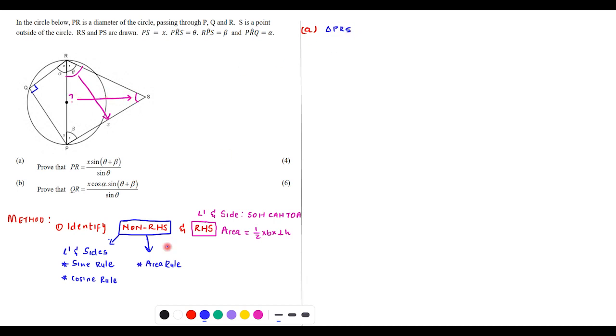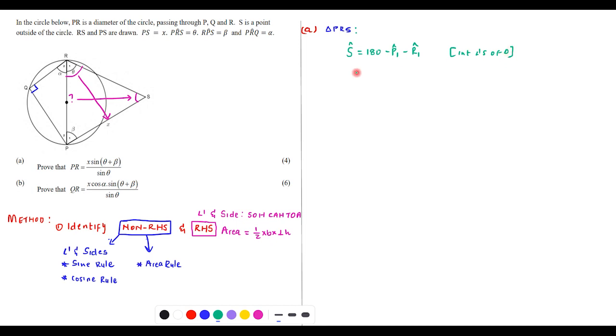So if I want to calculate PR, first I need to find angle S. I'll say angle S is going to be 180 minus angle P1 minus angle R1, because these are the interior angles of a triangle.